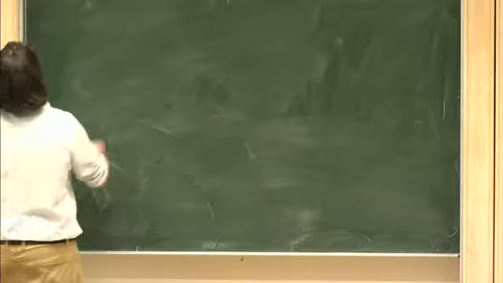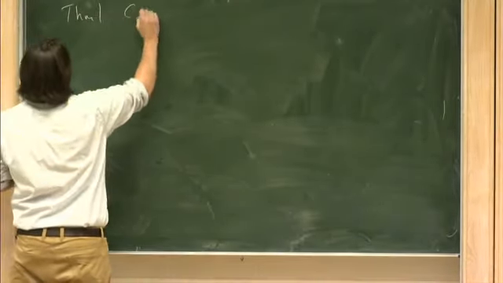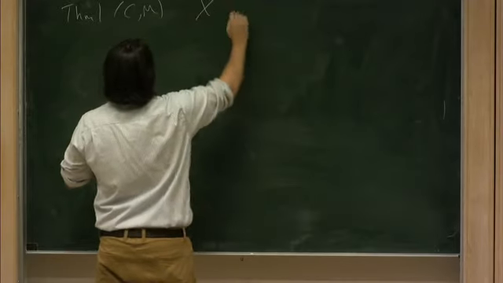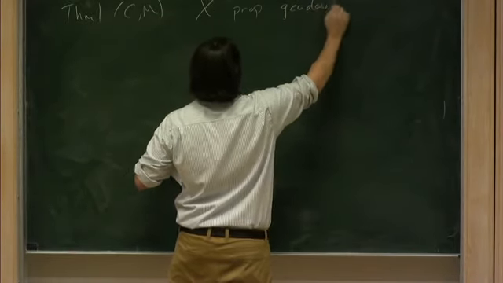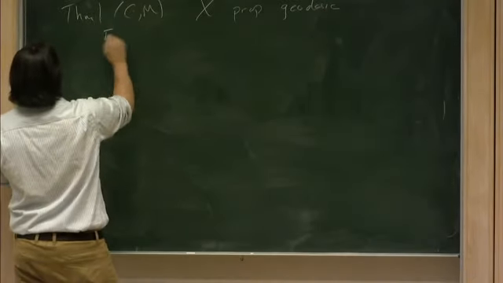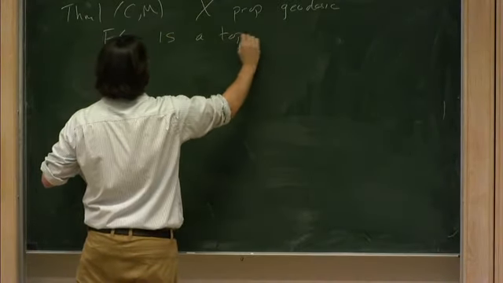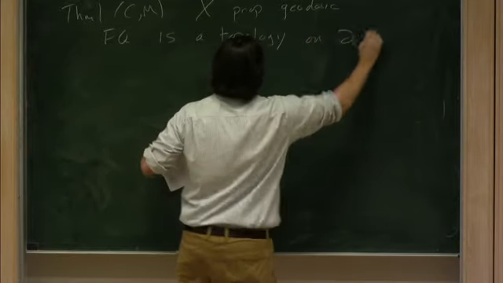So theorem 1. When X is a proper geodesic space, this topology FQ, fellow traveling quasi-geodesics, is a topology on the contracting boundary.